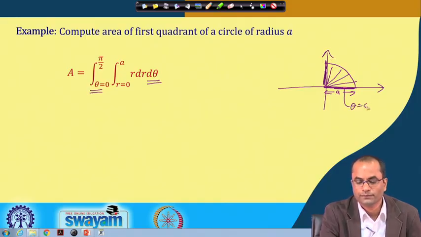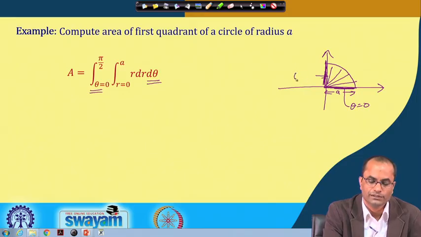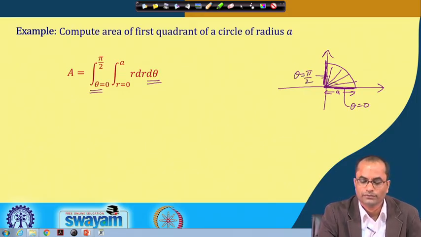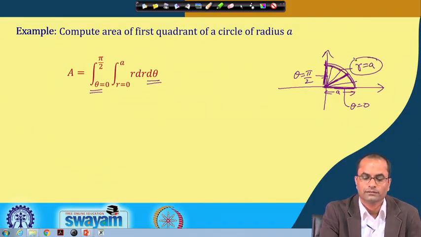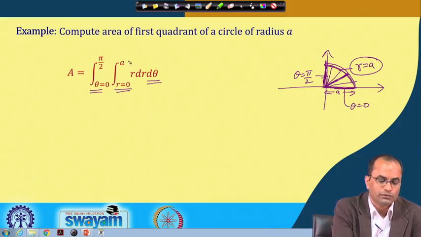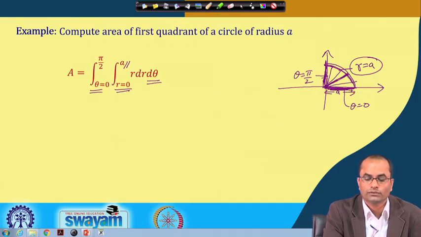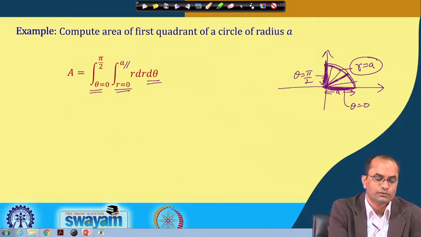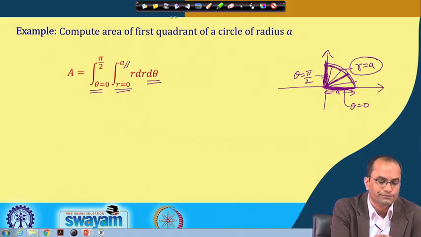And r varies from 0, starting from 0, up to this circle, which is r equal to a. So, the limits of r are from 0 to a, and theta varies from 0 to pi by 2. We need to just evaluate this integral.